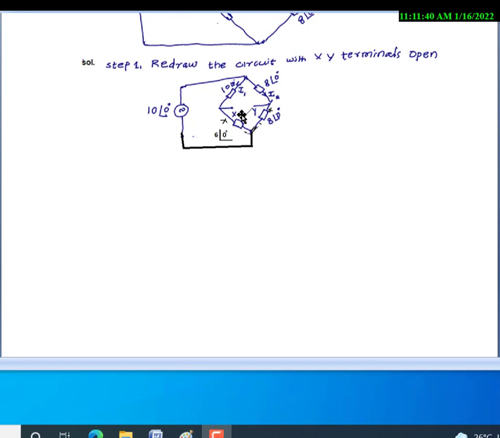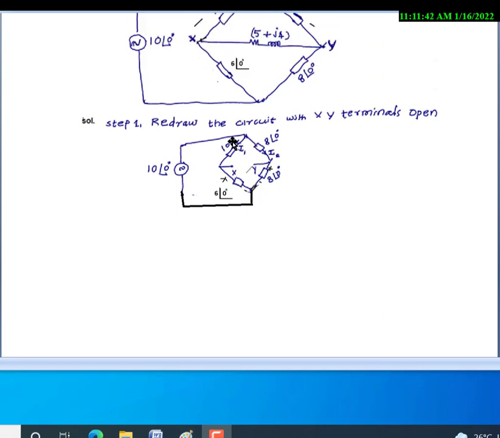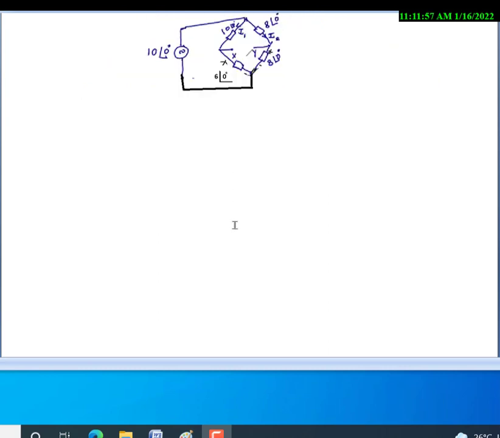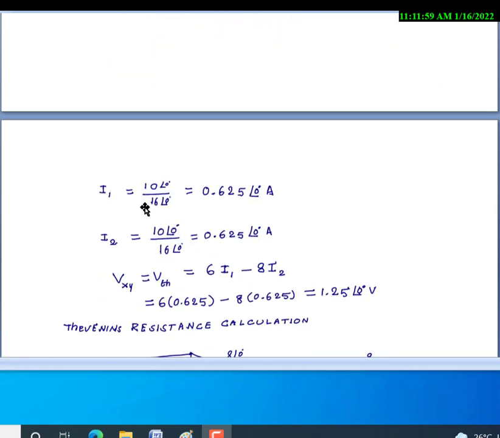Now let us assume that the current flowing through this branch is I1, whereas the current flowing through this branch is I2. To get the current I1, divide 10 volts by 10 plus 6, that is 16, at 0 degrees. The applied voltage is 10 volts.